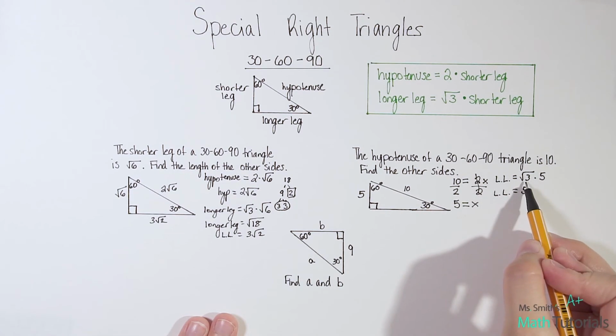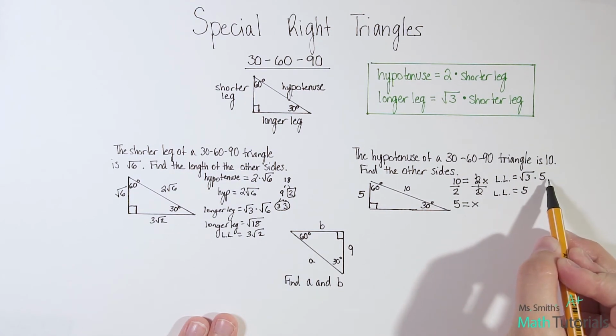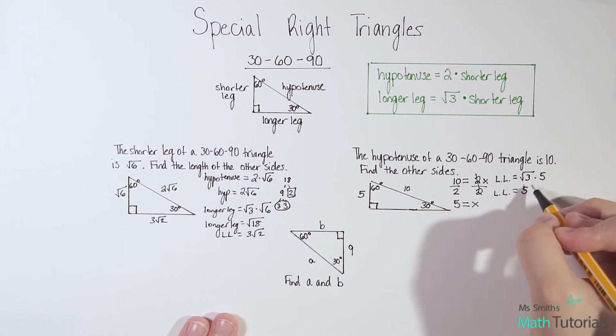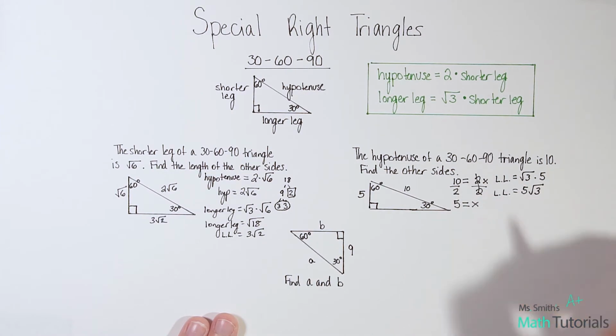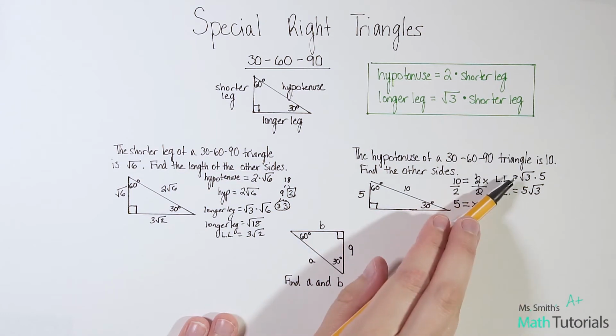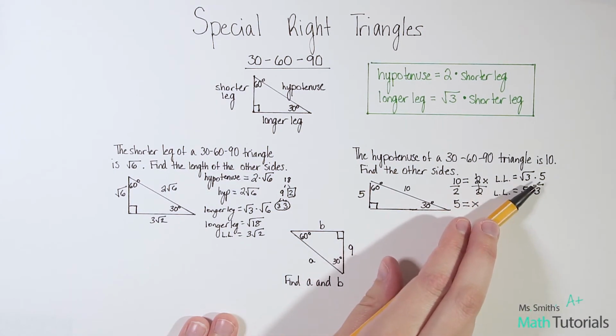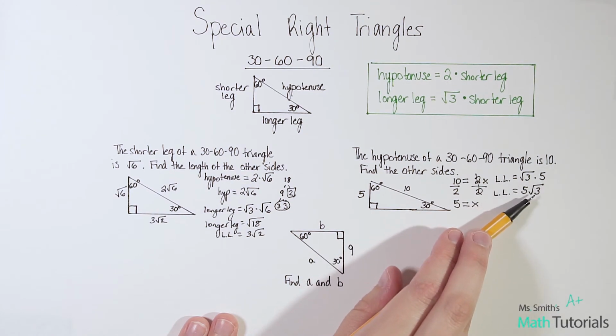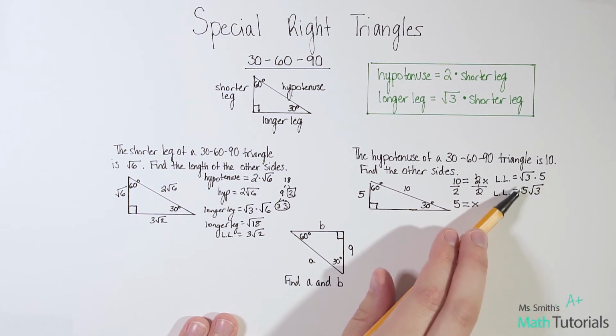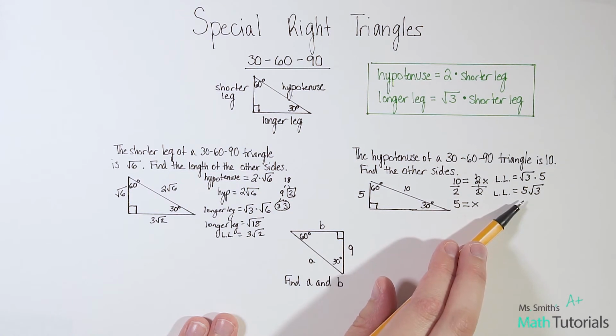And we've got square root of 3, and I don't have a radical here to combine with that square root of 3. That's okay. We'll just bring down square root of 3. So these two statements really say the same thing, square root of 3 times 5, 5 times square root of 3. This is just how we like to see it. This is the official way to write it.